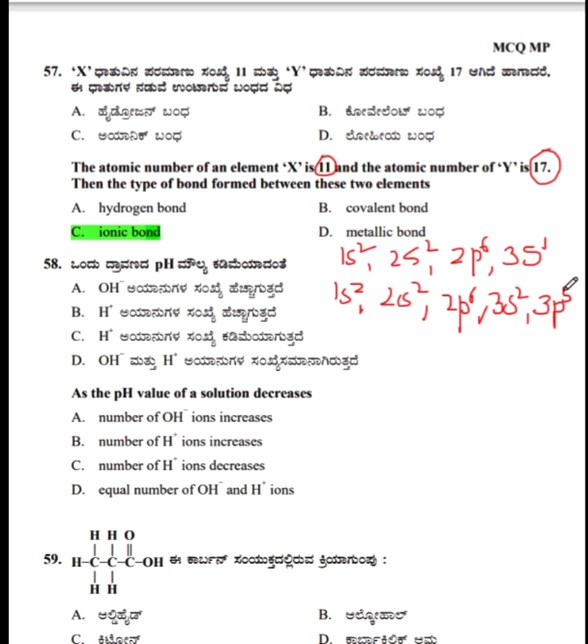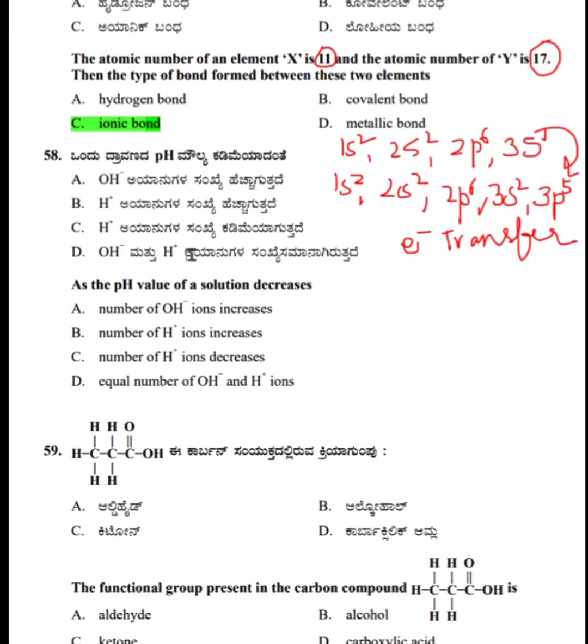Therefore, it has 7 electrons in its outer shell. It receives 1 electron from element X to obtain its octet structure. There is transfer of 1 electron from element X to Y. Therefore, the type of bonding will be ionic bond. Electron sharing, we call that a covalent bond. Electron transfer, we call that an ionic bond.